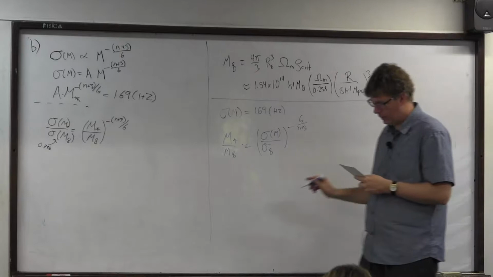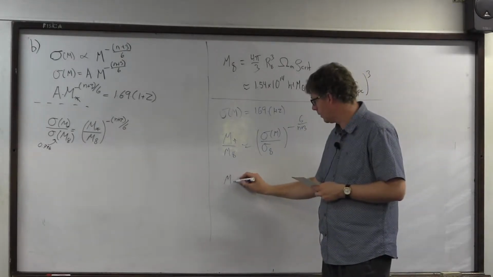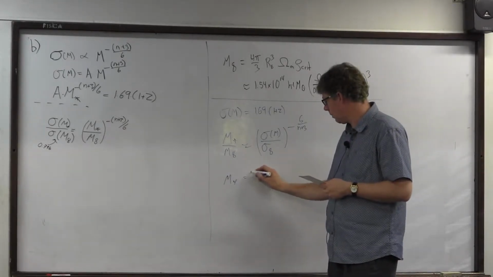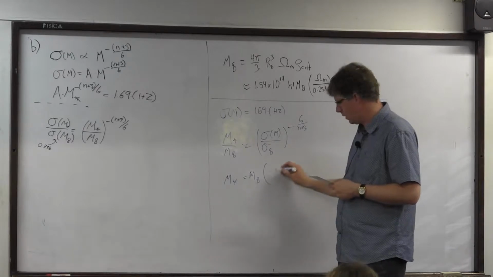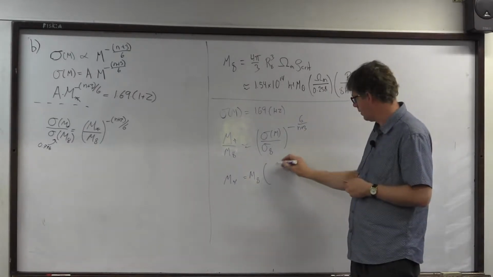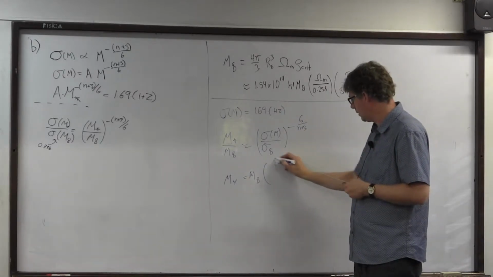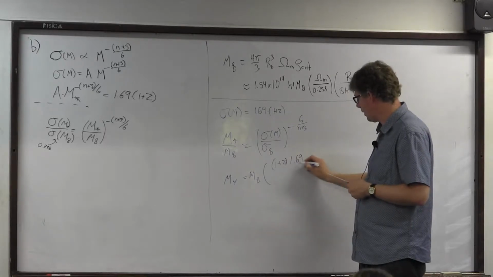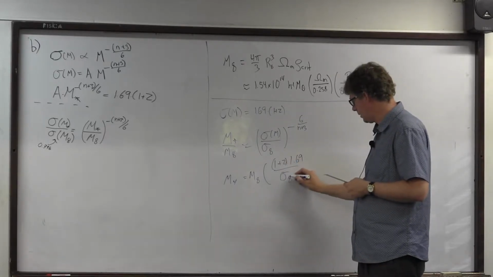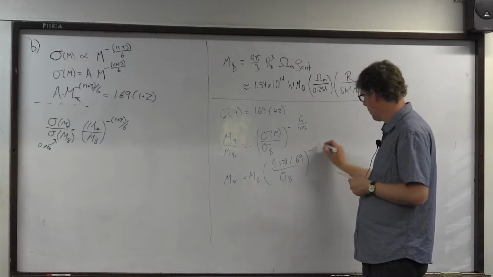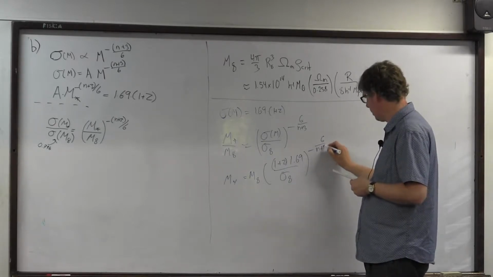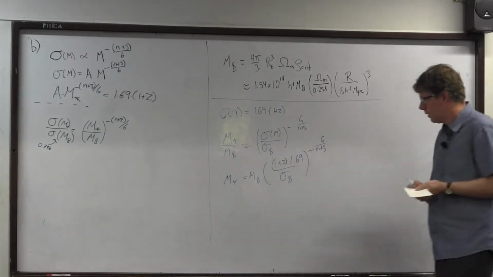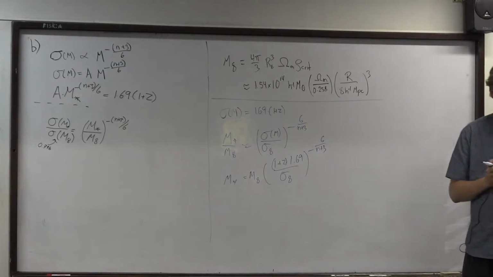Or m star is m8 and I put in this thing, 1 plus z, 1.69 over sigma 8 to the minus 6 over n plus 3. And so now you've solved it. Now it's just a question of putting in values.